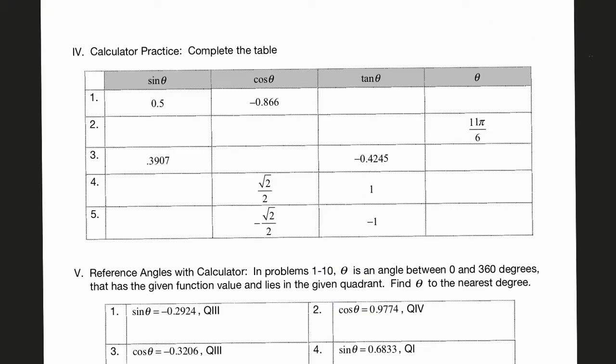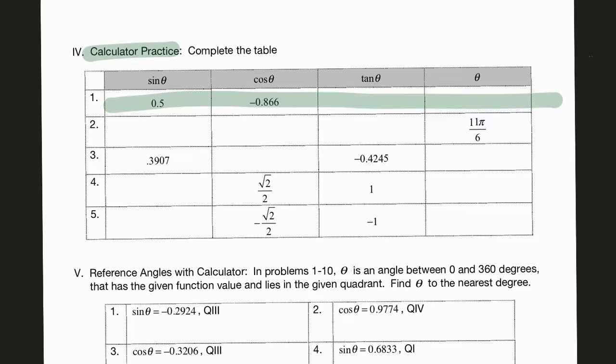Okay, so for section 4, notice that it does say something about calculator practice, so you're going to need your calculator. And then depending on whether you want your answers in degrees or radians, make sure your calculator is in the right form. So I'm going to do this in degrees, and I'm going to do example number 1 for you, and then you can finish the rest.